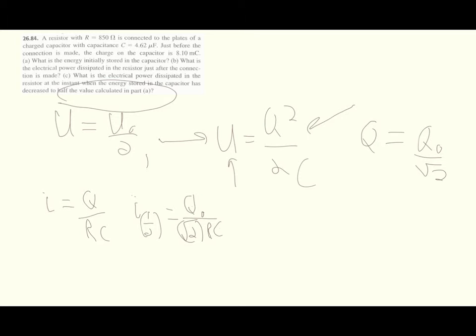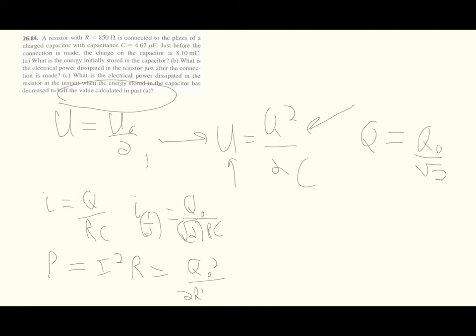And if we go back to solving for our power, it's going to be I squared times R, my fault. And then that's just going to be Q naught squared over 2R squared C squared. So I can write that in.